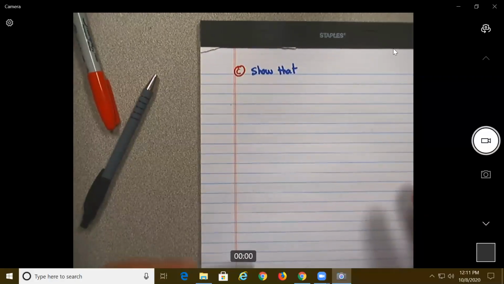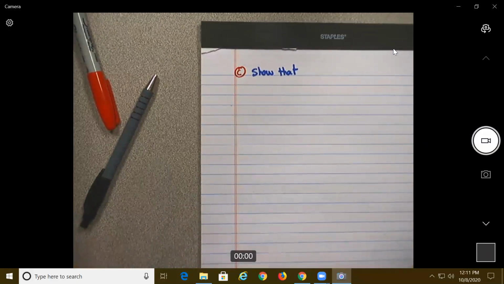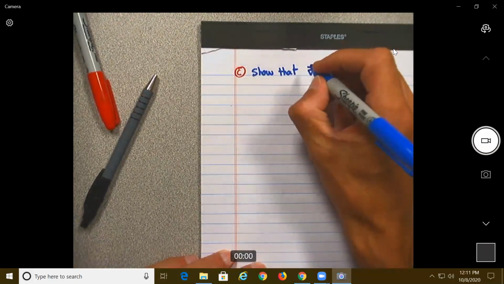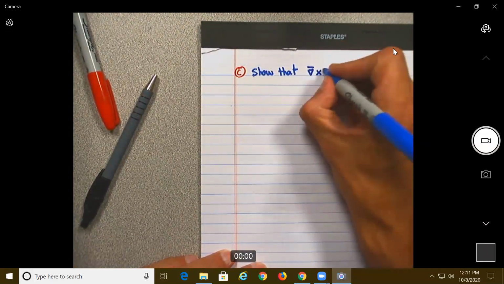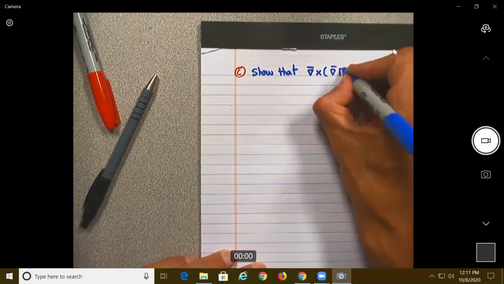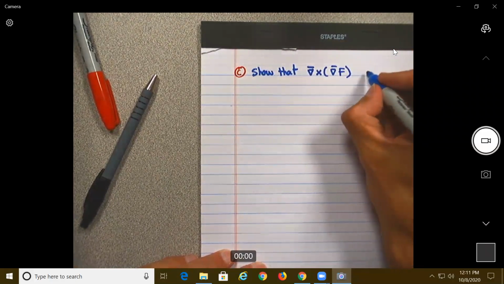So the last one we're probably going to have time to do, maybe we have time to do two more, is to show that del cross of the gradient of a scalar field is equal to 0.